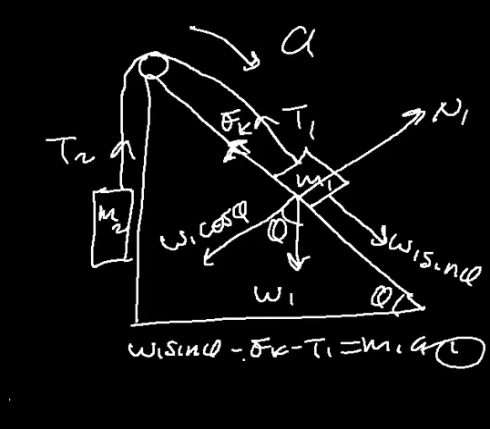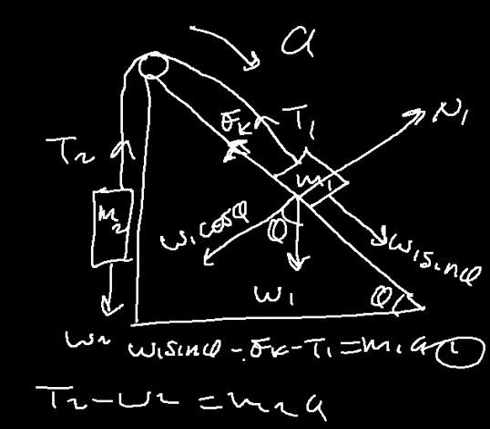And let's go for the object of mass 2. By the way, there is a weight 2 which is acting down. For that case, according to Newton's second law of motion, we have the tension force 2 minus weight 2 is equal to mass 2 times acceleration. Now if we add the two equations, the tension forces cancel.